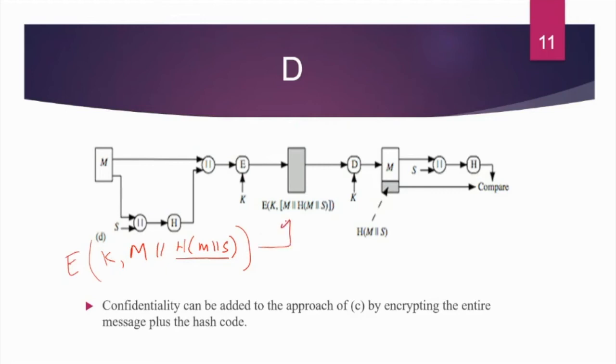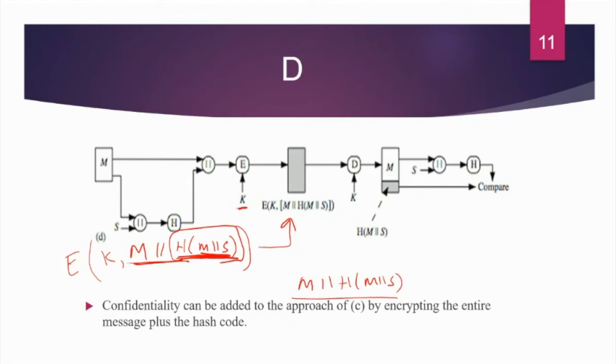So first we append M with S, then we compute the hash value over this, then the hash value is appended with the plain text message, and then the entire thing, M appended with H of M appended with S, undergoes encryption using a key K.